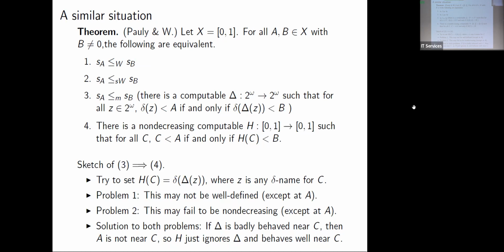The names for A have to map to names for B, so that if you perturb them a little bit to the left, the name for B can also get perturbed a little bit to the left. But this delta doesn't have to be well-behaved on names that are not names for A. So if I now start drawing a couple pictures of what could occur.